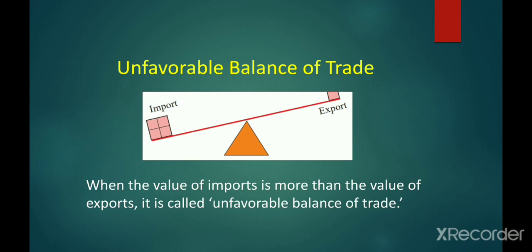It is called unfavorable balance of trade, and India's trade is also in unfavorable balance of trade due to overpopulation. Means India imports many things from other countries and exports a small quantity. The value of export is very less as compared to the value of import. So India's trade is an unfavorable balance of trade.